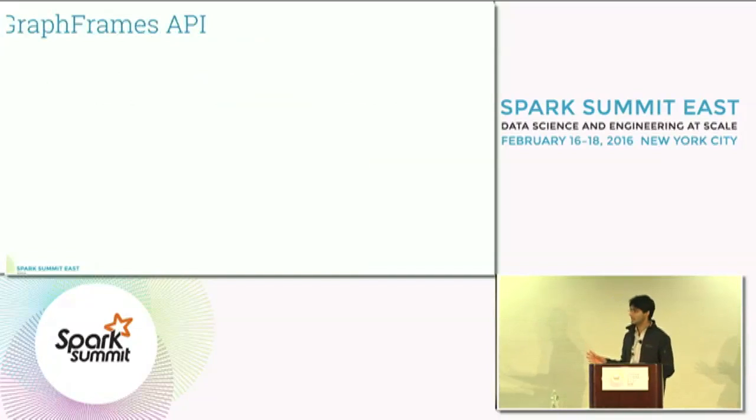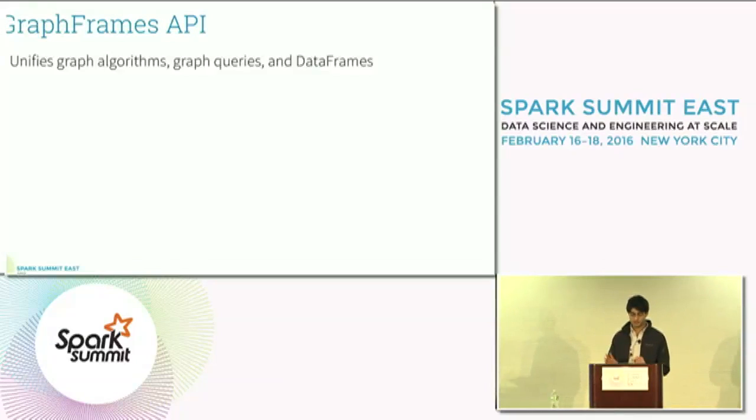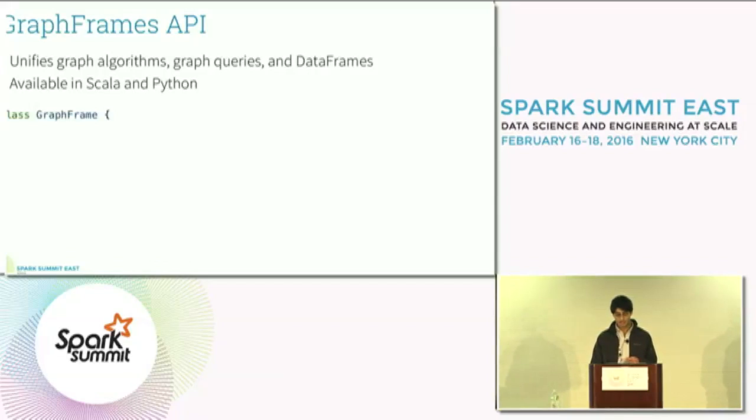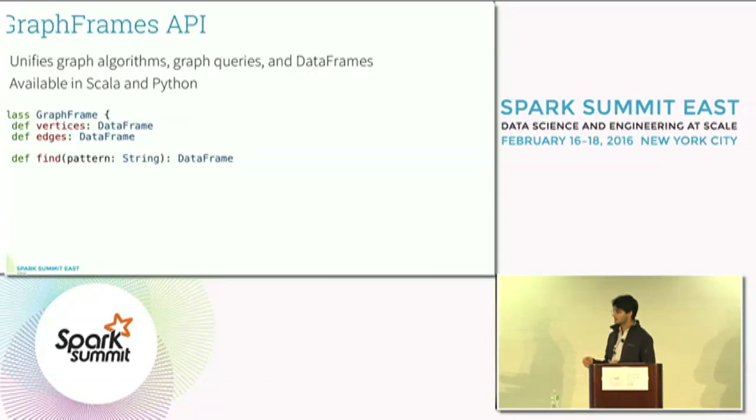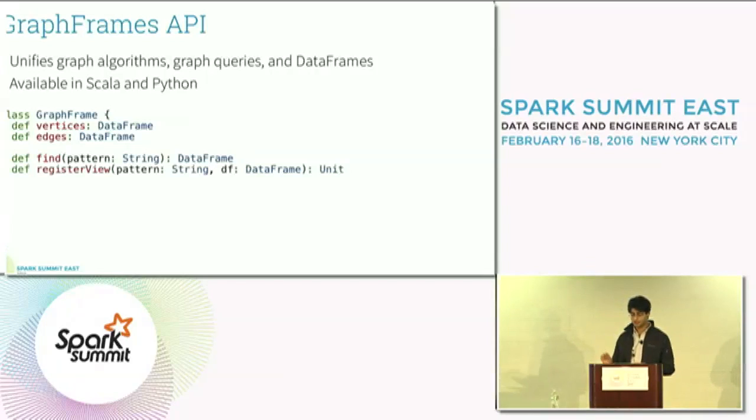Okay, so here's what the API looks like. Generally, what it tries to do is to unify these 3 models. It's available both in Scala and Python, and it exposes these 3 things. First of all, there are simple views of the graph as data frames. These are just the constituents of the graph. Secondly, a way to run a graph query and then get the table of results back, as well as to hint to the system that a certain pattern will be used a lot.